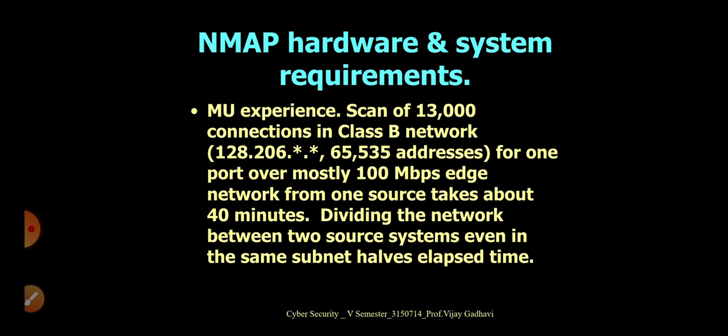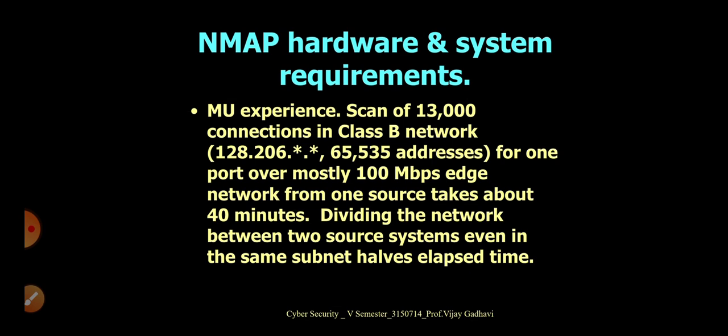Now NMAP hardware and system requirements. MU experienced a scan of 13,000 connections in a class B network for one port over mostly 100 Mbps edge network from one source takes about 40 minutes.